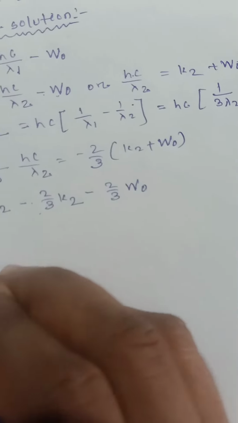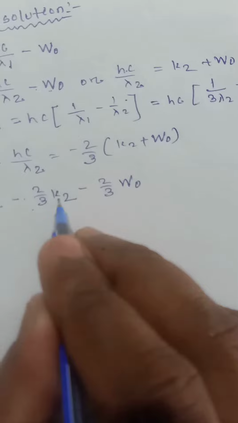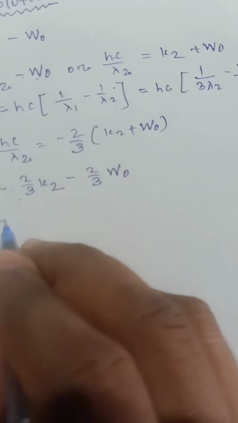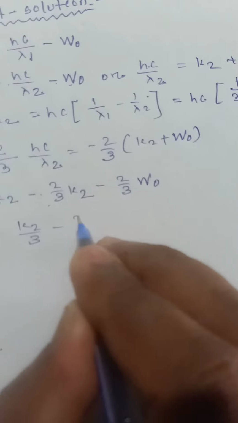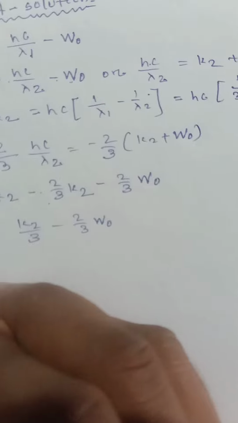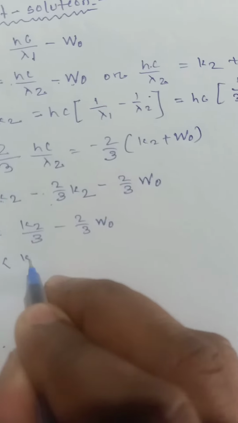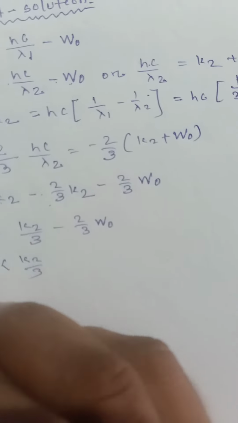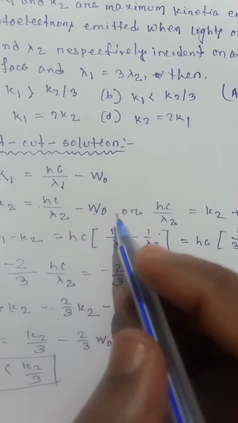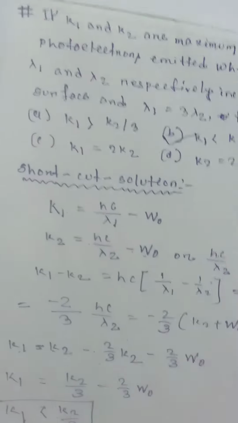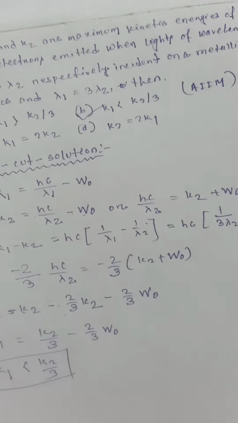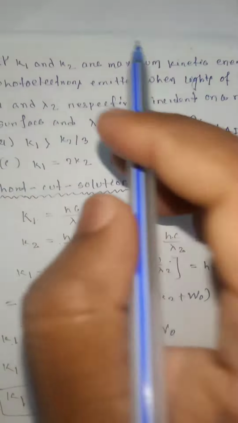Taking LCM, K1 equals K2 by 3 minus 2 by 3 work function. So K1 is less than K2 by 3. Which one is correct? Option B is correct.